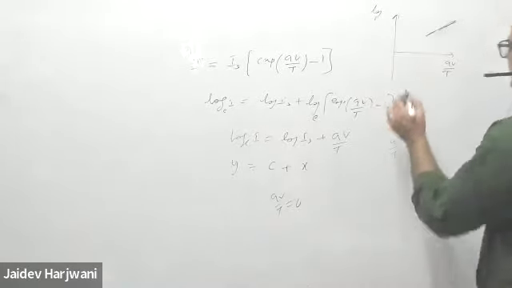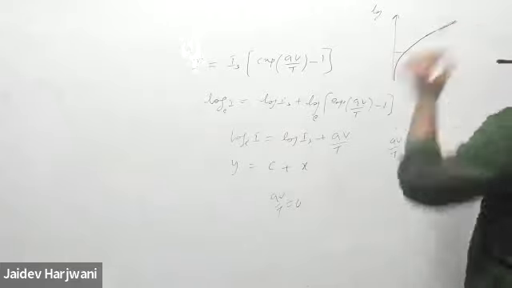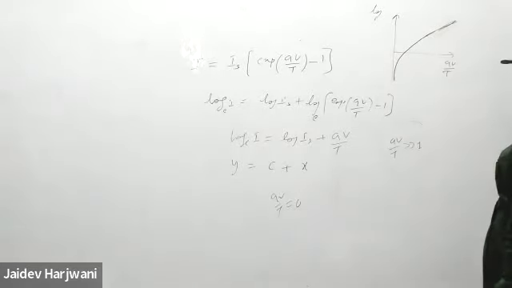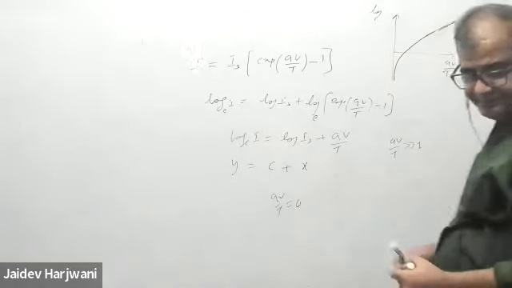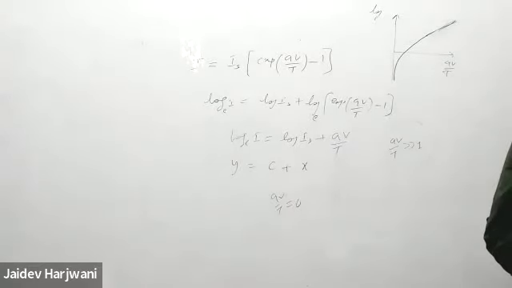So this curve will come somewhere here like this. कौन सा option है? D. D is the option. Okay.